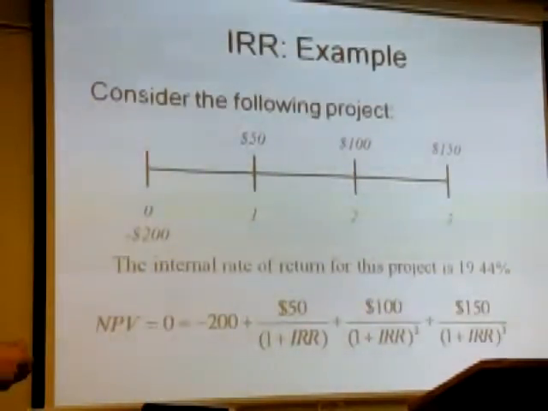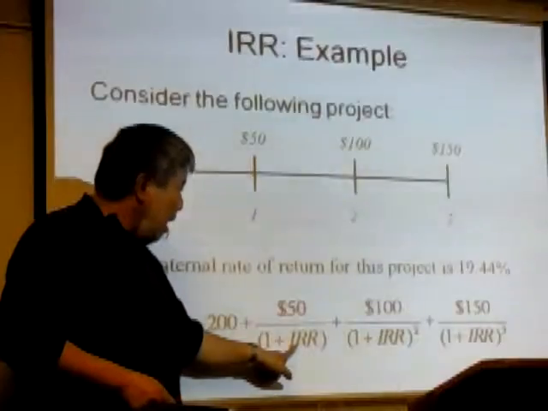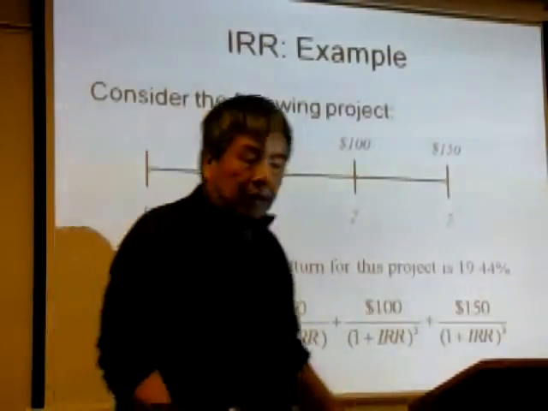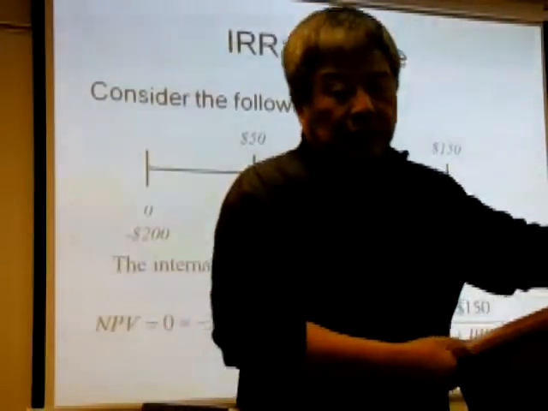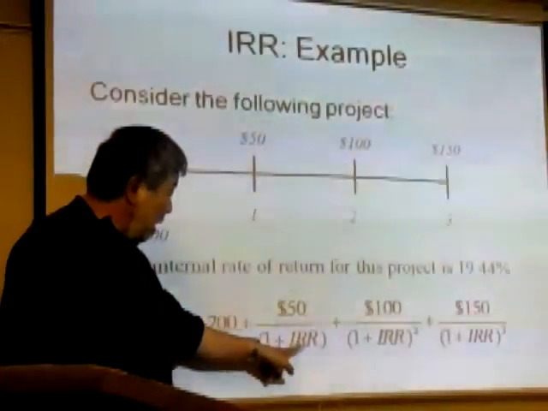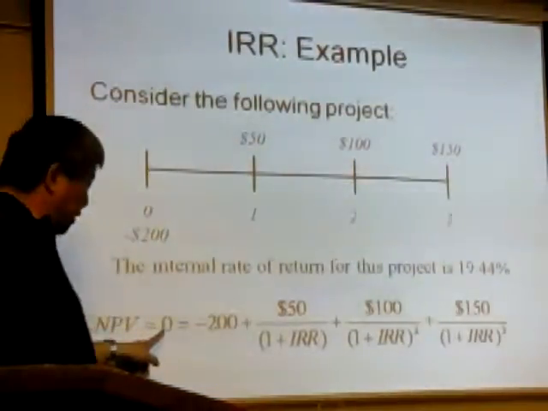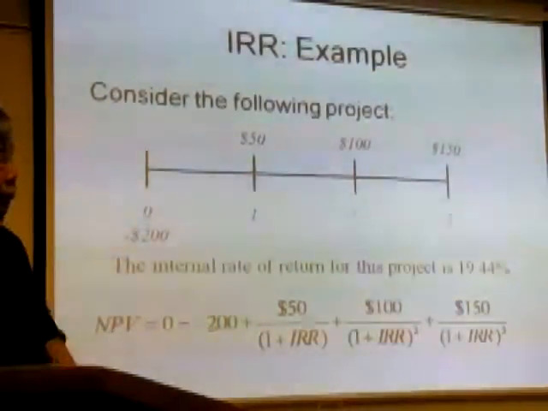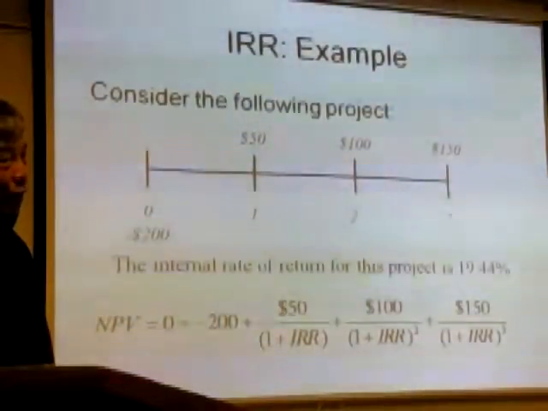Now, mathematically, the calculation of IRR is pretty tedious. If you use a mathematical method to do it, you have to use trial and error. You try to find the IRR which makes this one equal to 0. But the calculator does it much faster. You don't have to try and error.